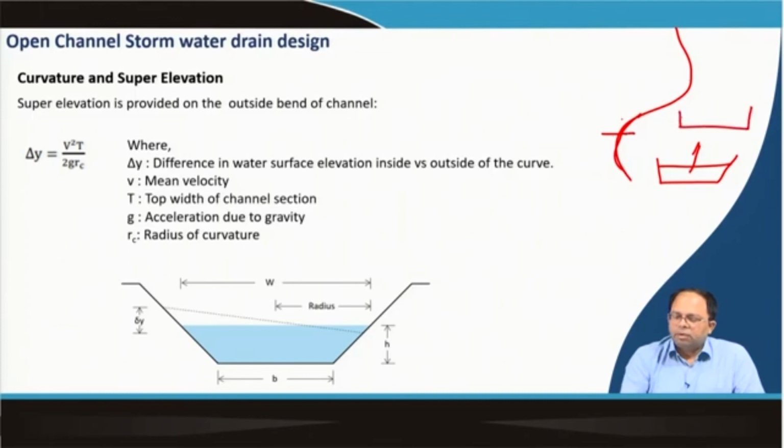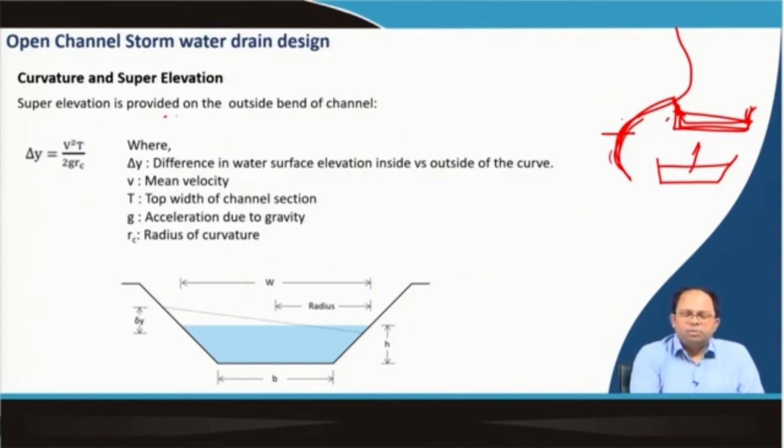Probably you will see the water become like this, because it is passing with a velocity, because of the super elevation, this side the water would rise higher, this side it would be lower. So, this needs to be considered in the design of the profile of the stormwater channel, which was earlier not considered in case of drainage design. Because the quantity of water is high, the drainage is given a slope, there is velocity, and we need to consider this super elevation.